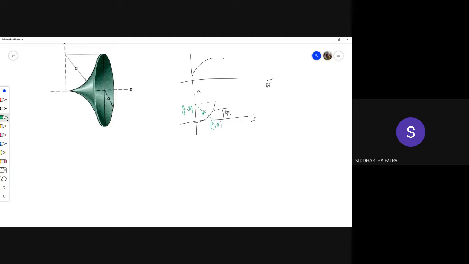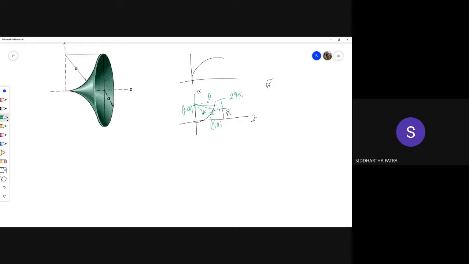So this distance is going to be, from the top, how much did we say? Twice r0 by pi, so twice a by pi, right? And again you can show that by taking this one as a center, and taking the angles correspondingly, let's say theta measured from here and d theta and so on.